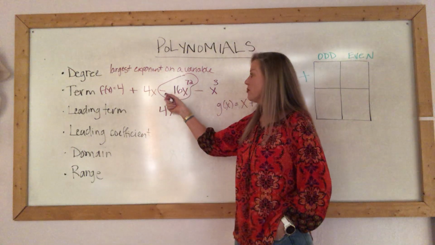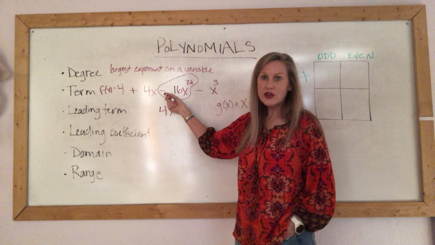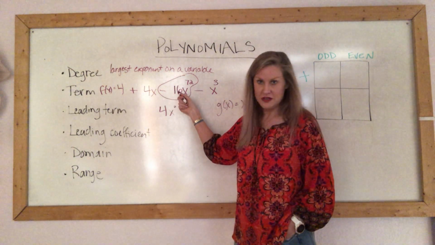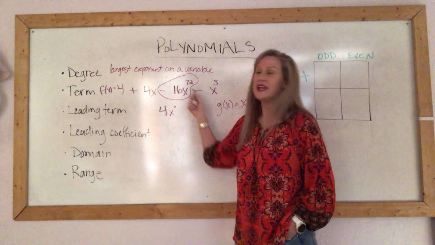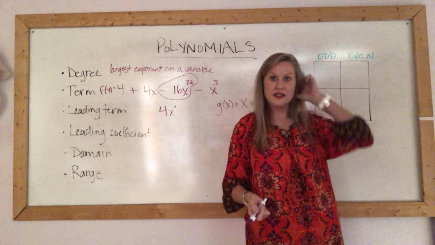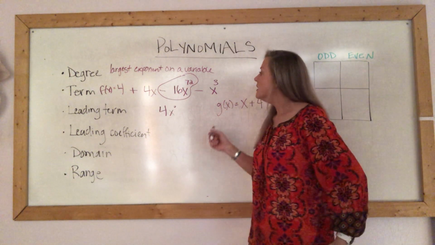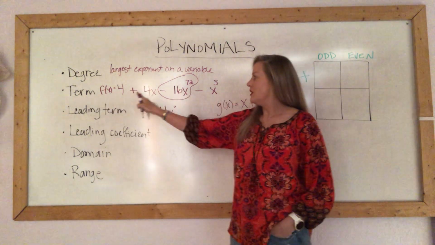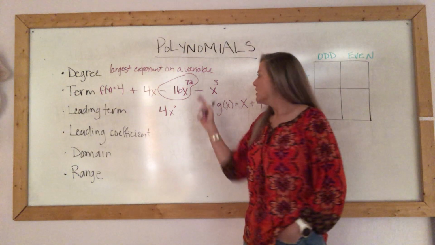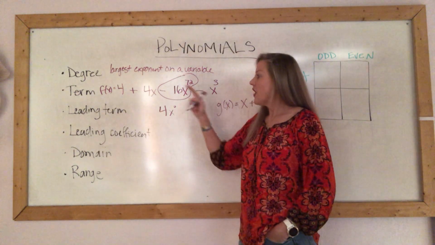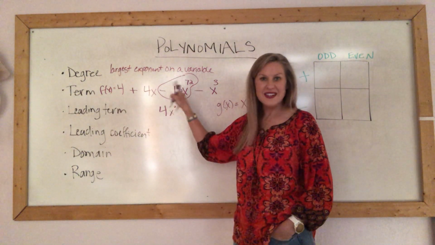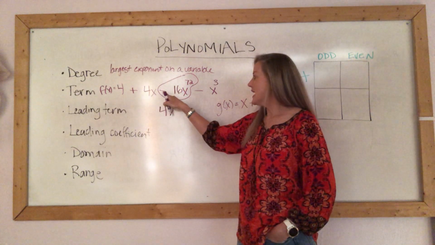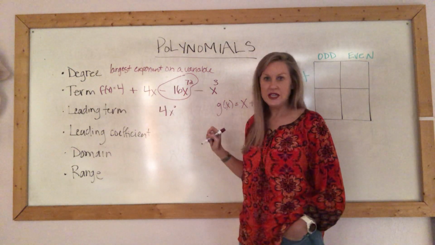And if there's a positive sign out in front of that term, it's a positive leading term, and if it's a negative, it's a negative. Again, that's going to go into end behavior. It's very important. So for this made-up polynomial, the degree is 72. The leading term, even though he's not at the front of the line, would be negative 16x to the 72.